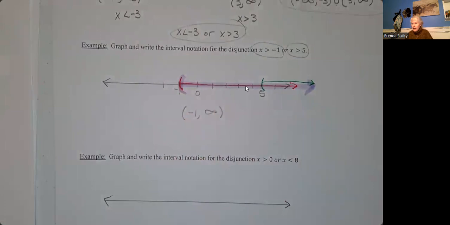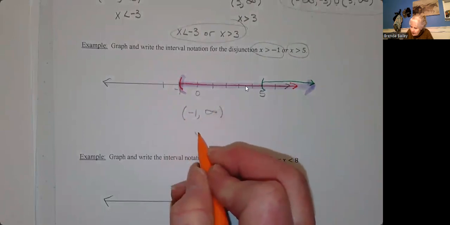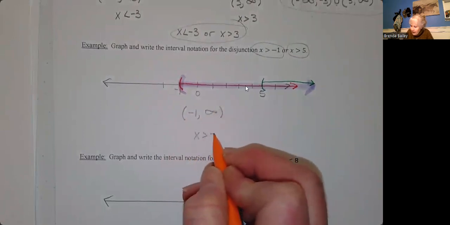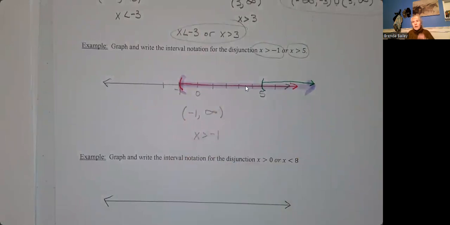The set notation would be x's greater than negative 1, the set of all x's such that x is greater than negative 1. I'm hoping that makes sense. Let's do another one.